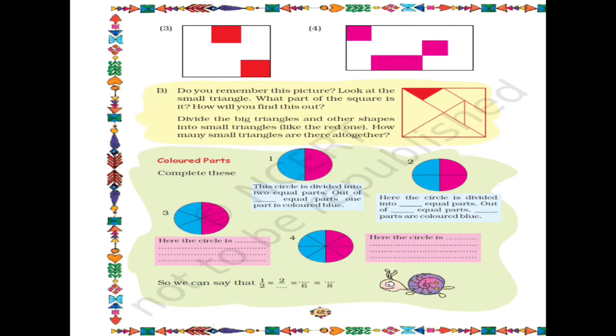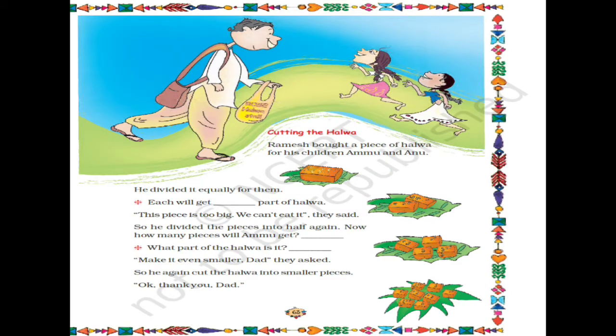So I hope this much is clear. Now let's move ahead. Cutting the halwa. Ramesh bought a piece of halwa for his children Ammu and Anu. So here a person called Ramesh has bought a piece of halwa for his children, that is Ammu and Anu. So let's see what is given ahead. He divided it equally for them.